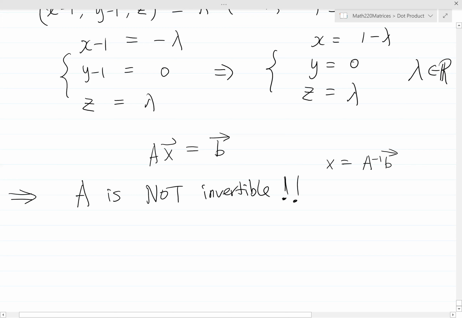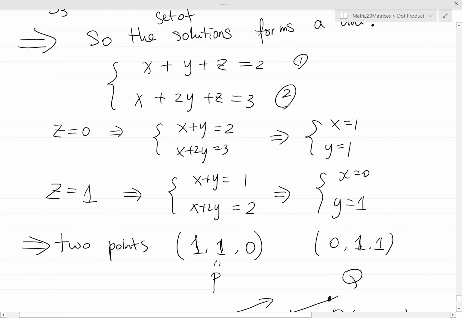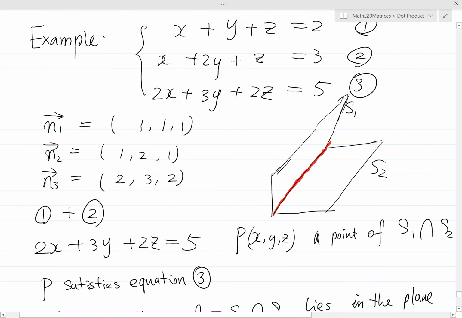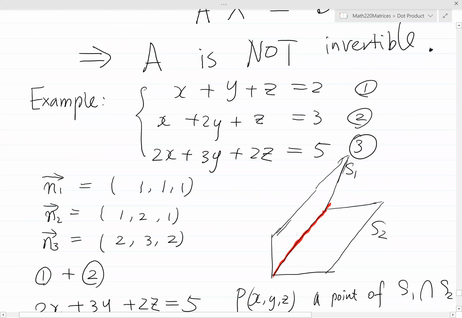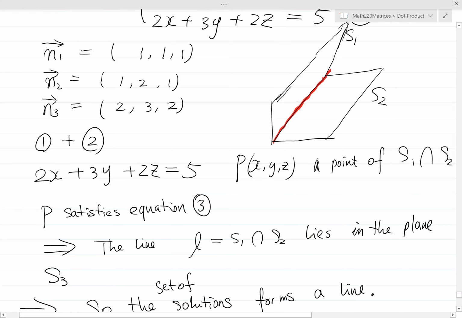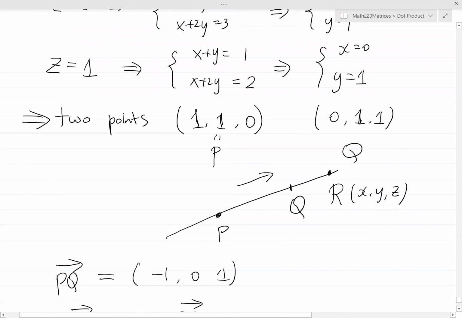Now the row picture tells us why A is not invertible. We already know it's not invertible because it has more than one solution. So we can get another conclusion: if the row vectors are not linearly independent, then the matrix is not invertible. If you look at the coefficients, the three normal vectors are not linearly independent, then we know the matrix A is not invertible.